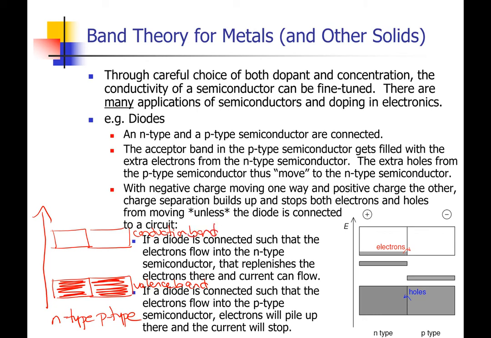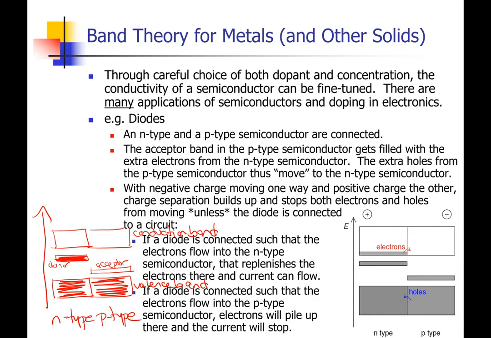And then the n-type semiconductor also had a donor band that was filled, and the p-type semiconductor also had an acceptor band that was empty. So this guy down here is our donor band, and this guy down here is our acceptor band.